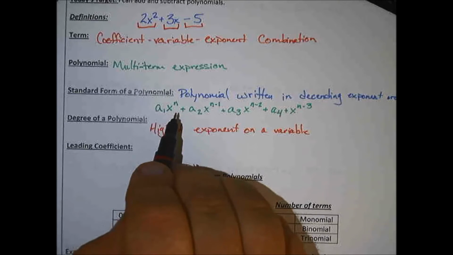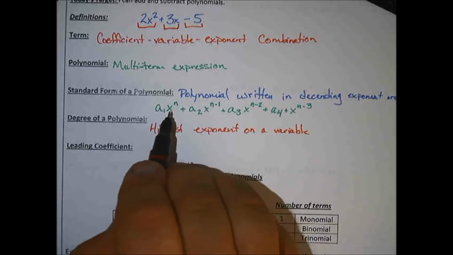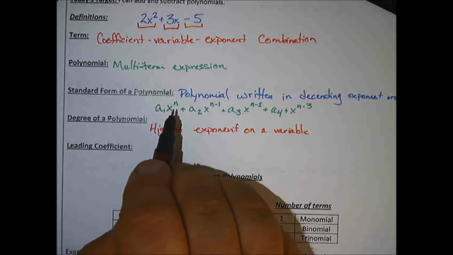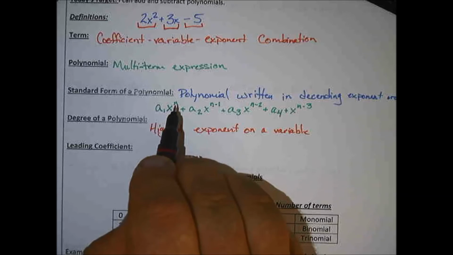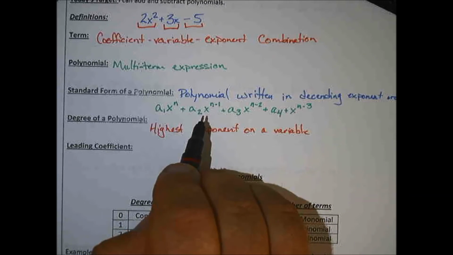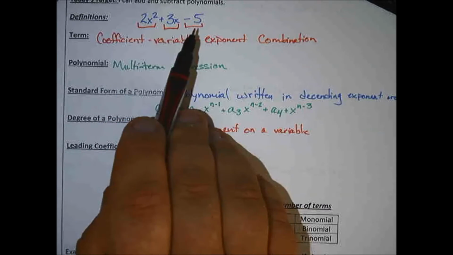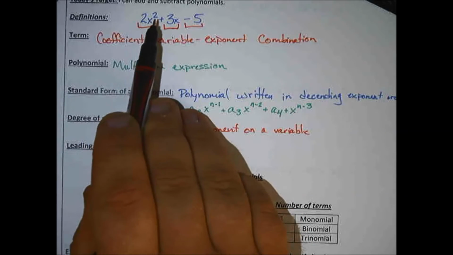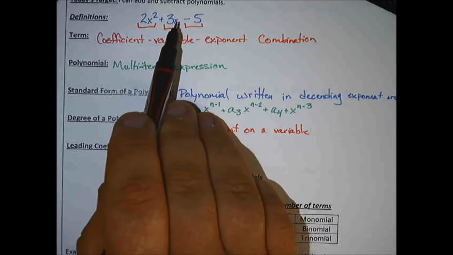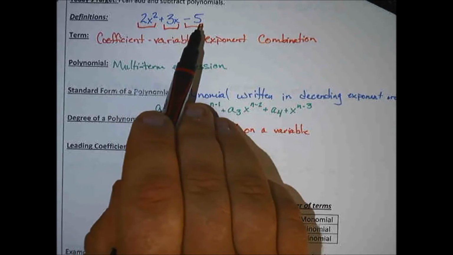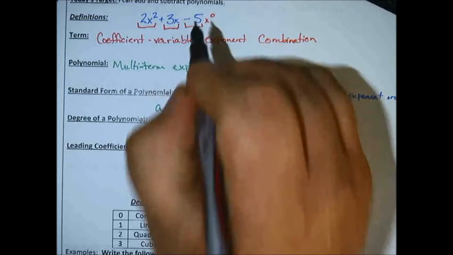So in this example here, even though it's a very generic example, the degree would be n, because n would be the highest exponent there. In the one up above, that's a little bit better luck, and this is written in standard form because you have x to the second power, and this is actually x to the first power, and this would actually be the same as having x to the 0 power.